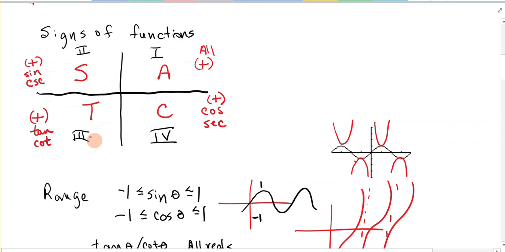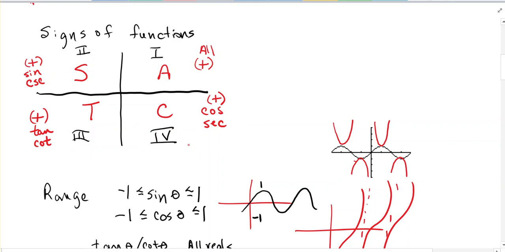In quadrant 3, it's tan and cotan that are positive, everything else is negative. C is for cosine and its reciprocal secant, they're positive, everything else is negative. This will be really important because the sign, the S-I-G-N of a number, is imperative in trig. You need to know whether something is positive or negative.